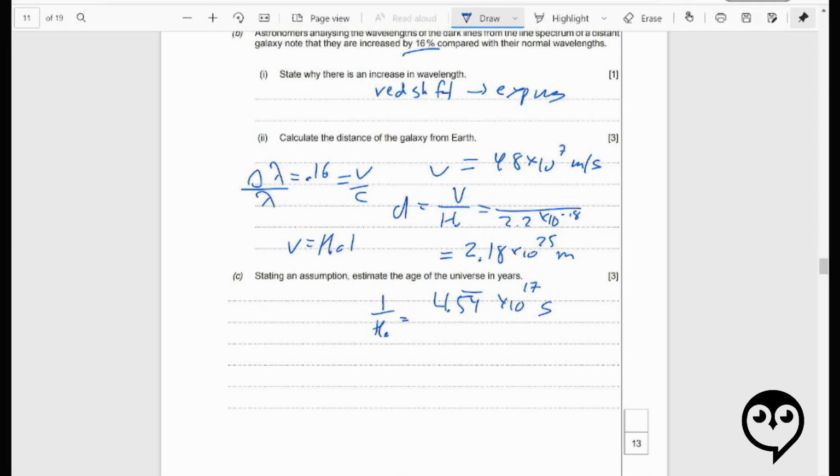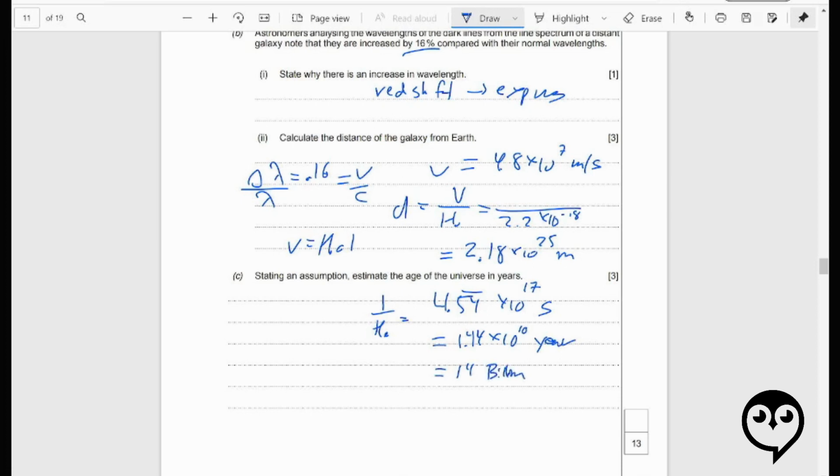So we'll divide by 3600, we'll divide by 24, we'll divide by 365, and we get about 1.44 times 10 to the 10 years, which, as you may know, is 14 billion.